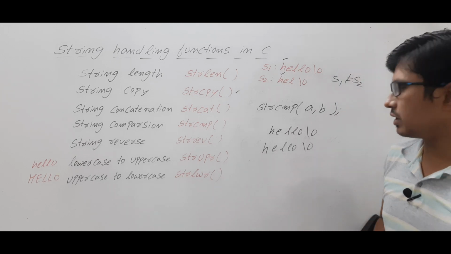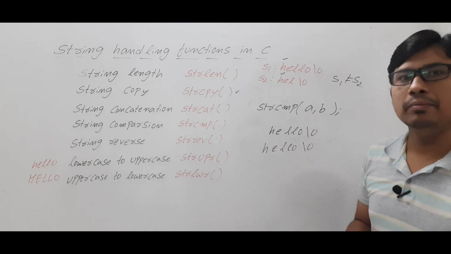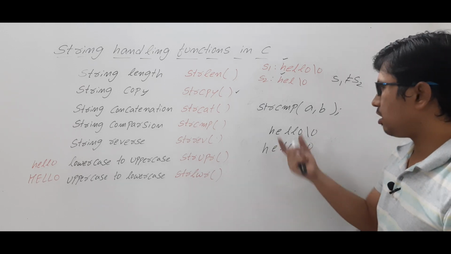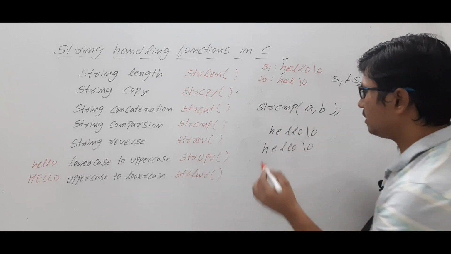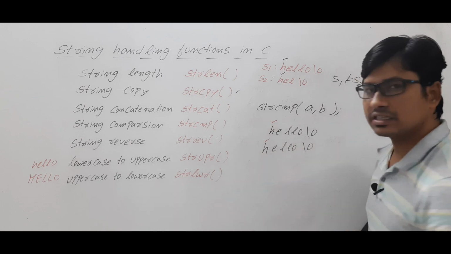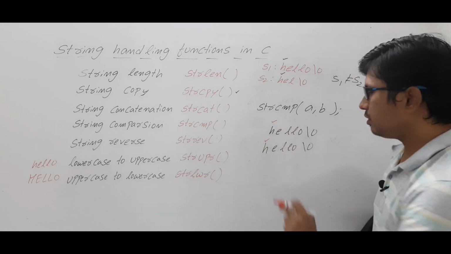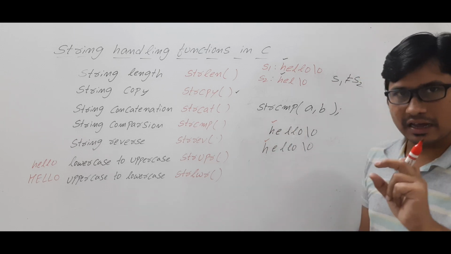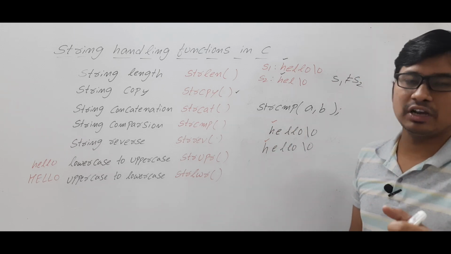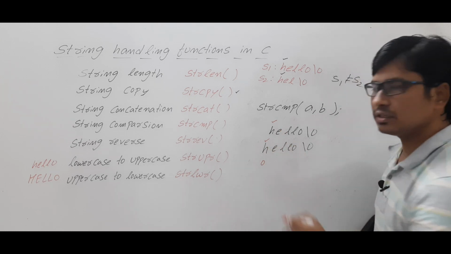Now look at this one. As a human eye, I can say that these two strings are same. But how the computer or this function will work, it will compare this one and this one, H and H. The ASCII value comparison it will do. So if you do the difference between the ASCII value of H and the ASCII value of H, you will get 0. Then it will compare these two.